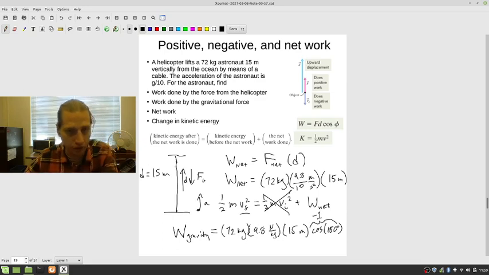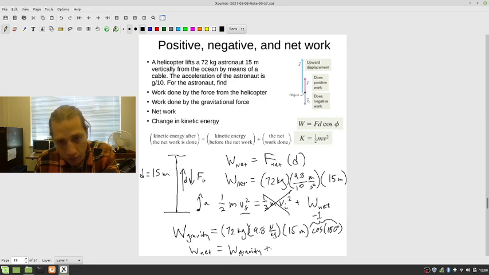You can see that intuitively if you understand the language that we're using here, because the force of gravity is opposite the direction of her motion. She's going up, force of gravity is pulling down. So this net work is going to be that work of gravity, which is negative, plus the work done by the helicopter, which is going to be positive.